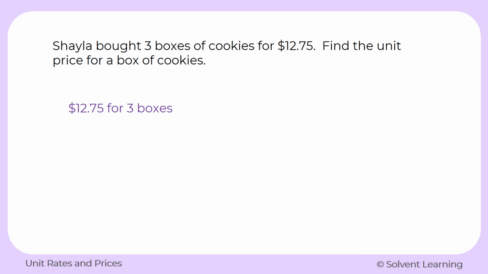We have $12.75 for 3 boxes, or as a fraction, $12.75 over 3 boxes. And notice these are not unit prices because even though our first value does represent a dollar amount, our second value is not the number 1.